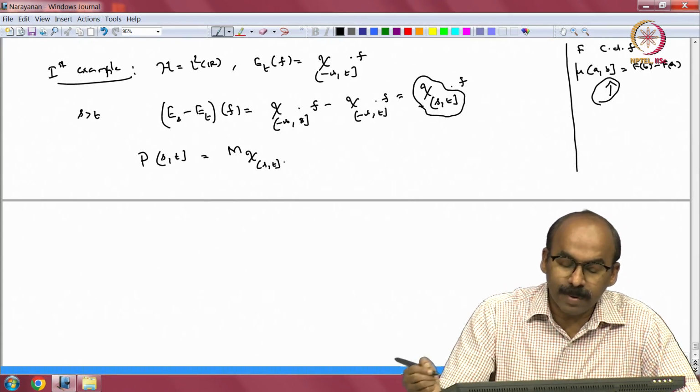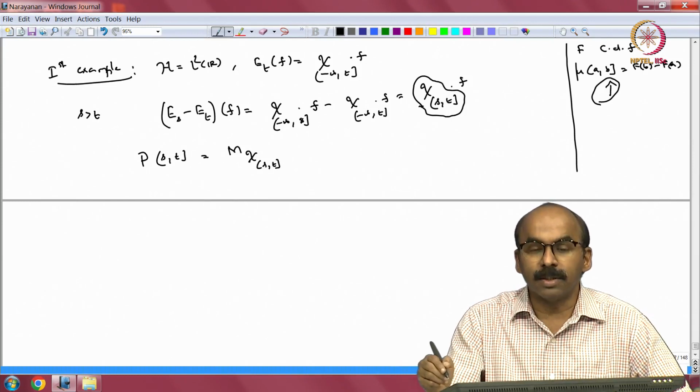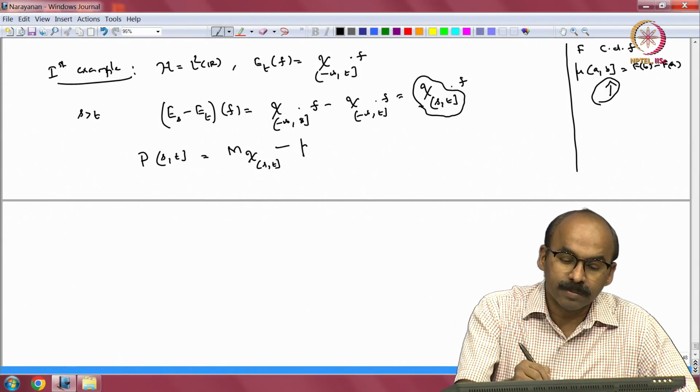We have seen that multiplications by indicator functions are projections, so these are your projections.